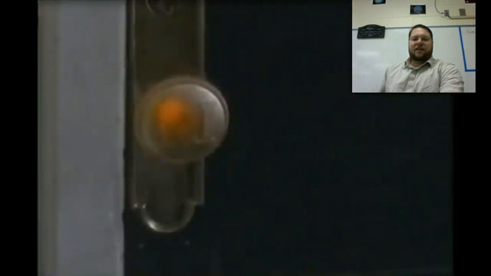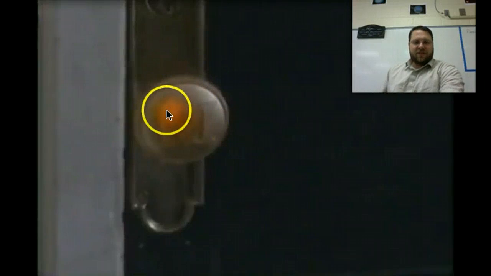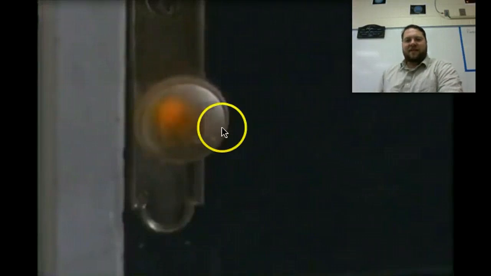And so what you see is when he grabs it, now we have heat flow. As soon as he lets go, the heat flow stops. They're not in contact, so you don't get a transfer of energy from the doorknob to the hand. So as soon as contact is broken, there is no heat flow there.